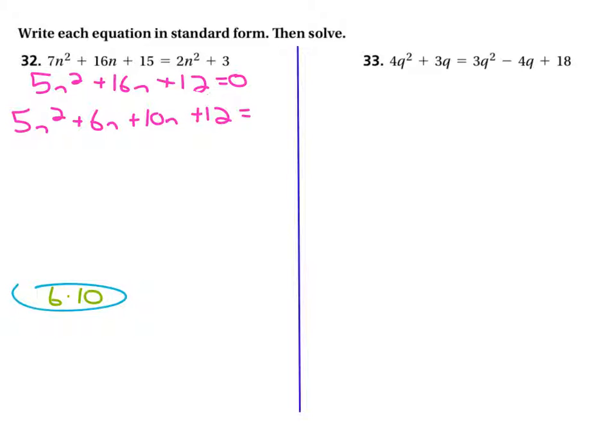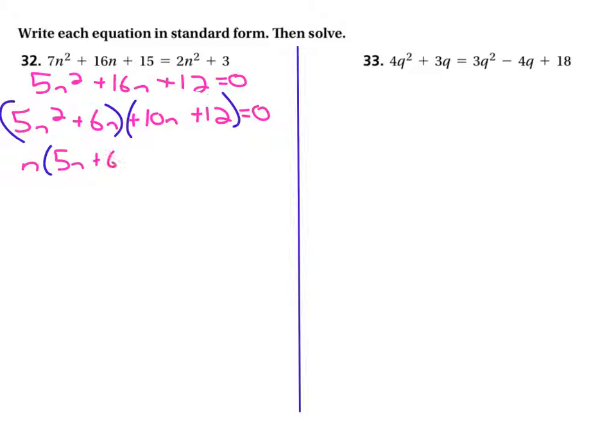And then plus 12, of course. Now we can group these in pairs and see what we can factor out. What can we factor out of 5n squared plus 6n? Just an n. And we're left with 5n plus 6.